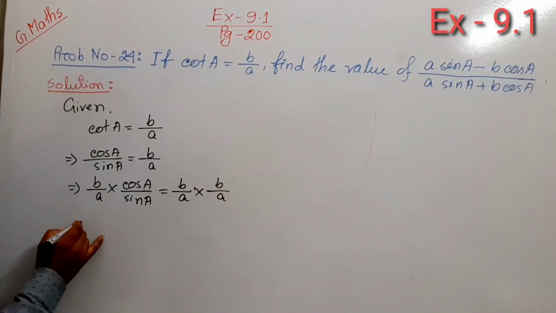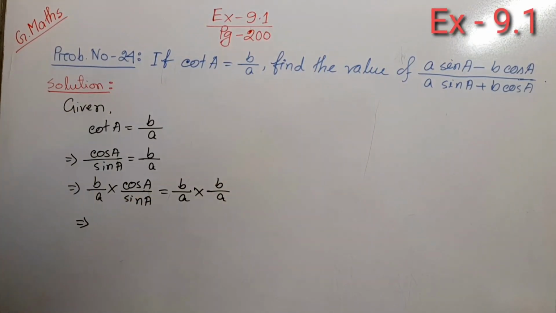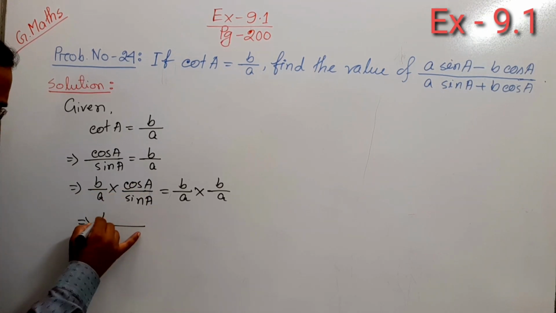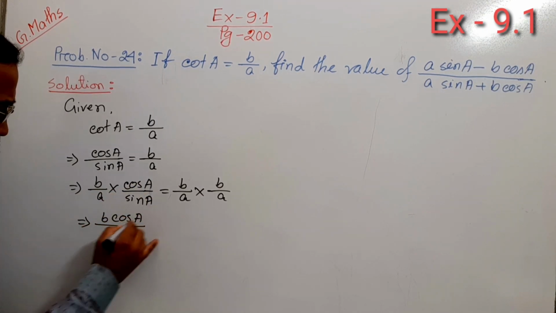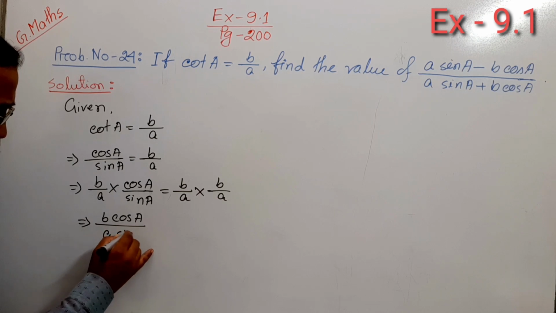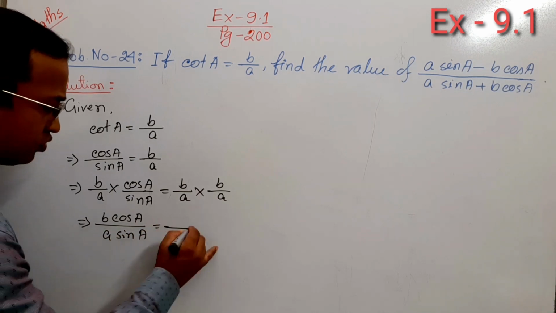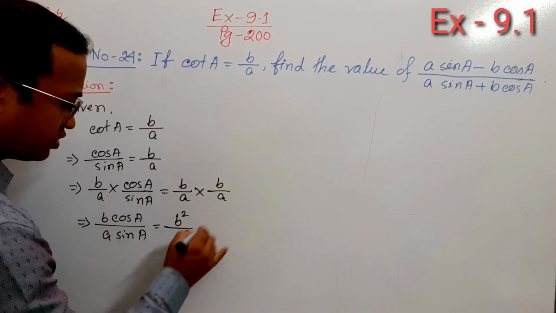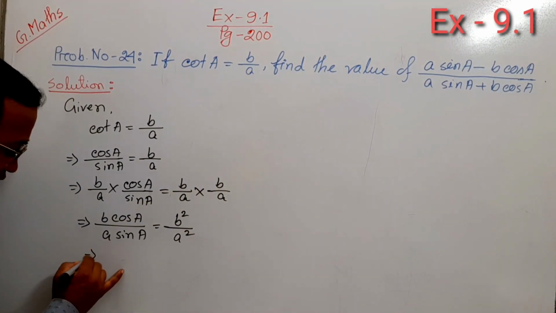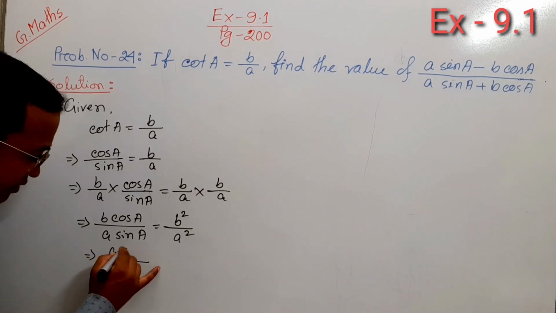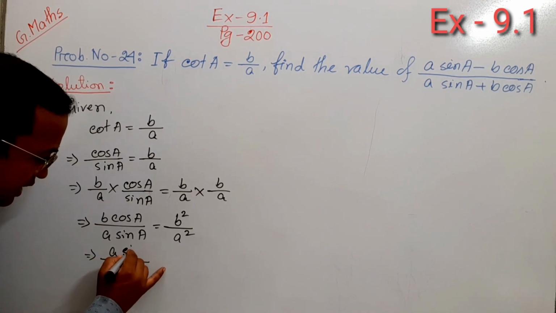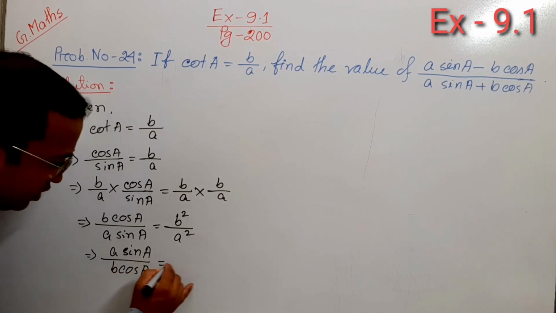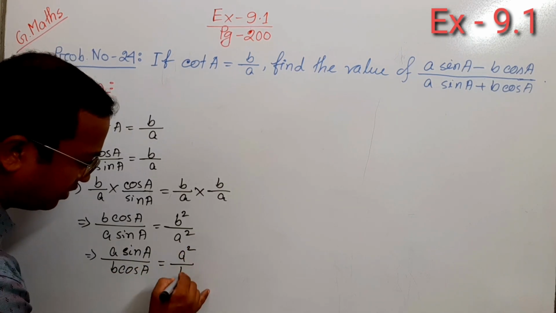So multiplying it, it becomes b cos A by a sin A equal to b squared by a square. So invert it, it will be a sin A by b cos A equal to a square by b square.